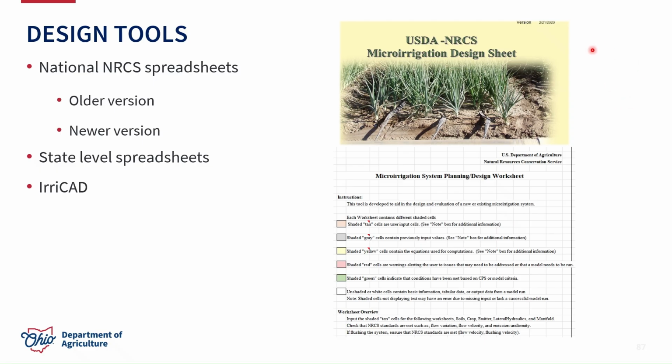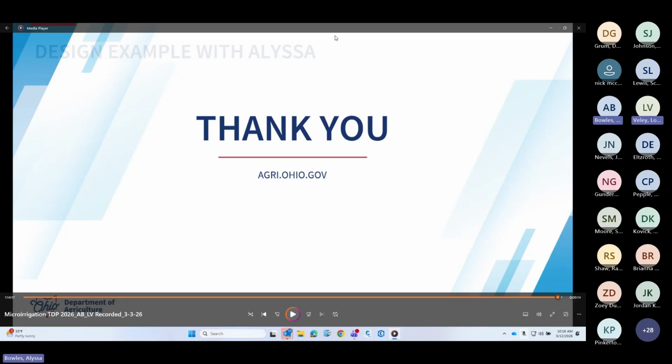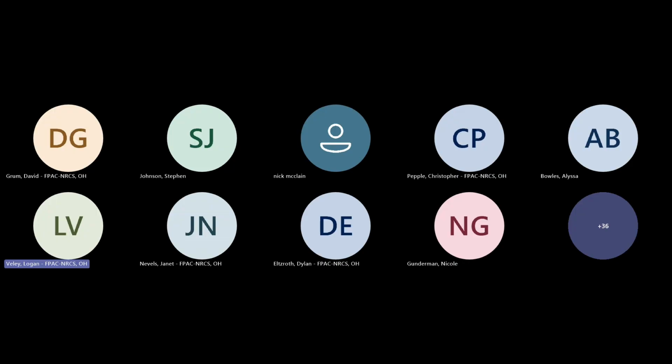There's a newer version of the spreadsheet which looks like this, and Alyssa will be covering that throughout the remainder of the presentation today. There are also some state level spreadsheets that do some of that background calculation. And there's also a software called IRRCAD that can be utilized for really complex micro irrigation and can be integrated into the CAD software. Hope everyone's still following along just fine.